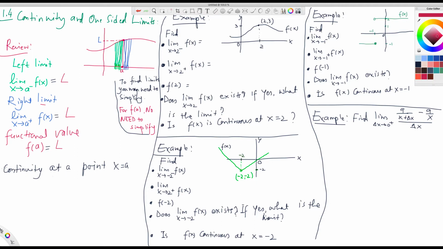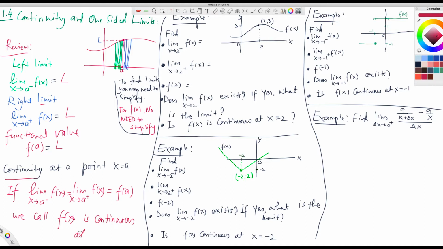Okay? So what is the definition of the continuity of the function? If the left limit, that means limit x tends to A minus f(x), is equal to the right limit, limit x tends to A plus f(x), is equal to the functional value at the point A, then we call f(x) continuous at x equals A. That's what we call it, okay?